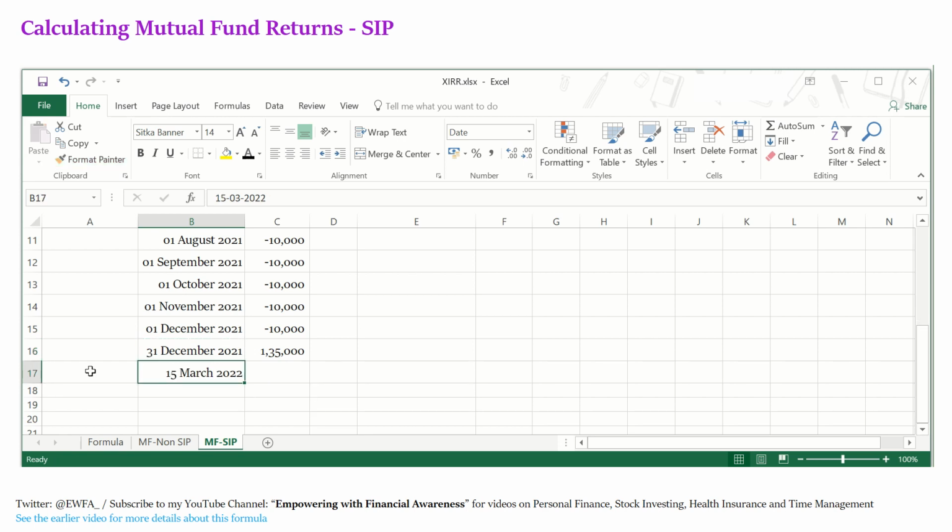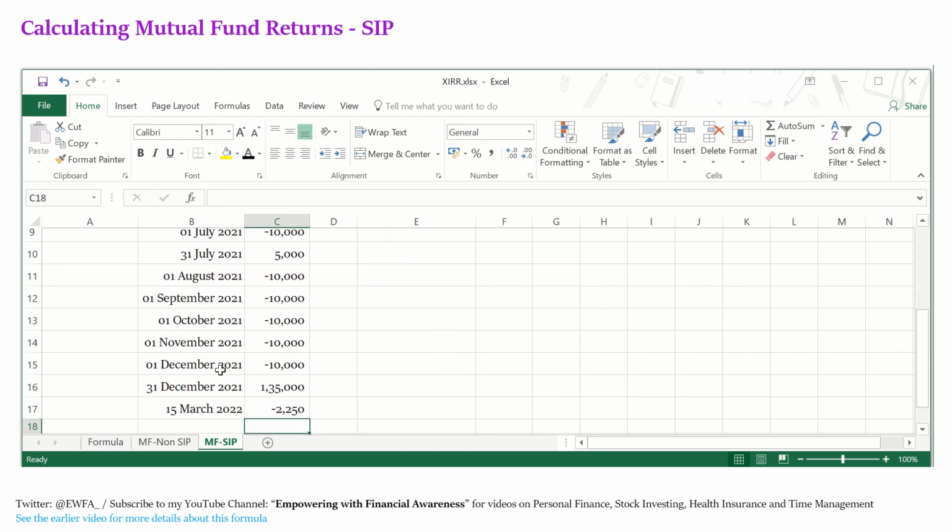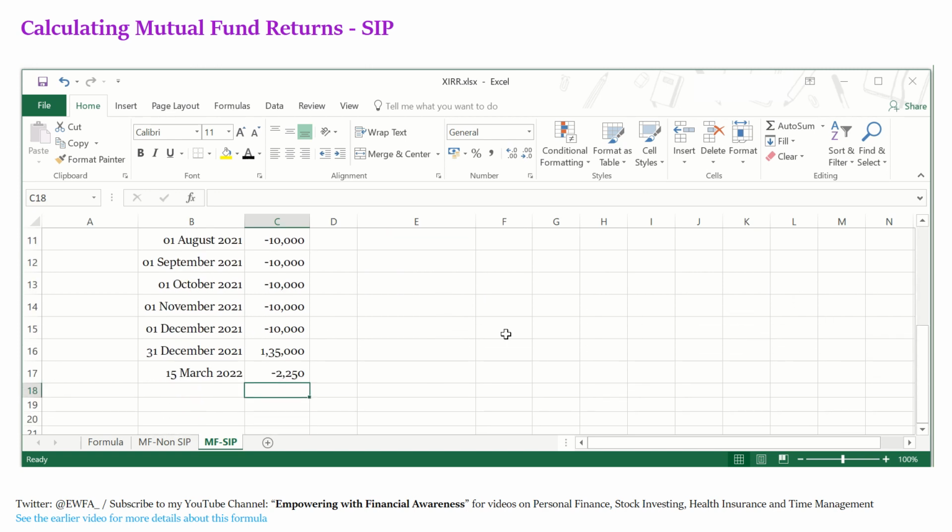Since that is the outgo from you, you need to put it as a negative value, minus 2250. Remember, I'm just taking an approximate number for demonstration. Of course, you may have to calculate the surcharge or whatever when you do the tax calculations. I'm just taking it here to illustrate the idea behind it.